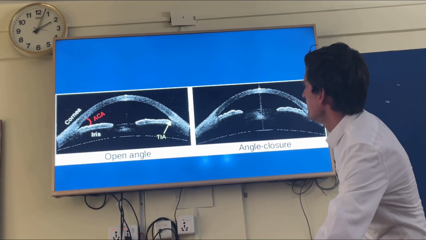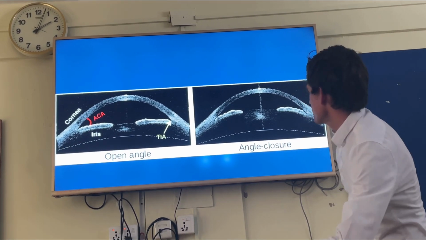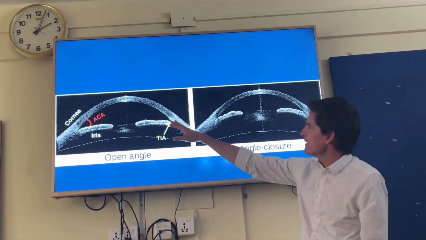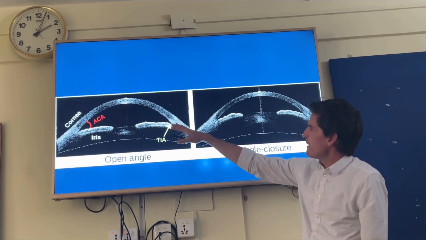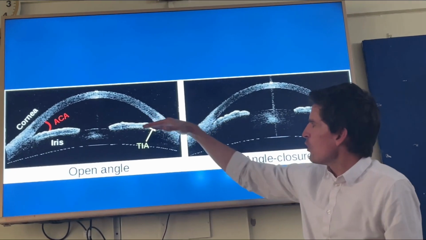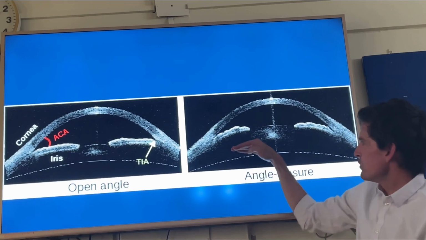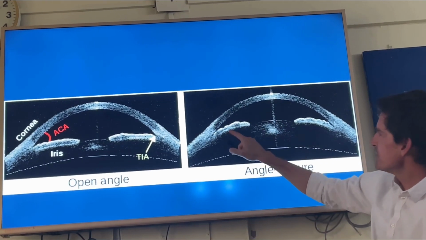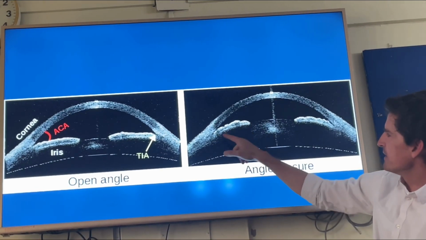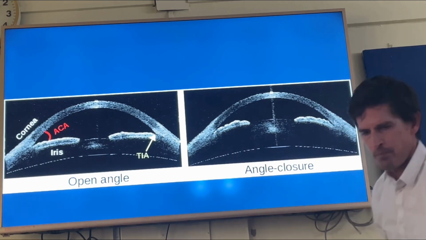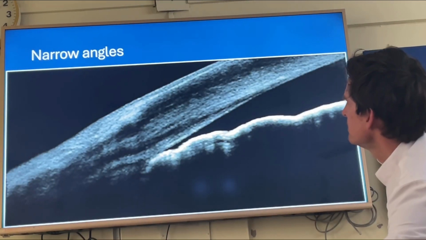All right. So this is just showing on a time domain OCT where you have an open angle here, and when you get a narrow angle, it's kind of obvious on the OCT that this is closing off the angle. Right.